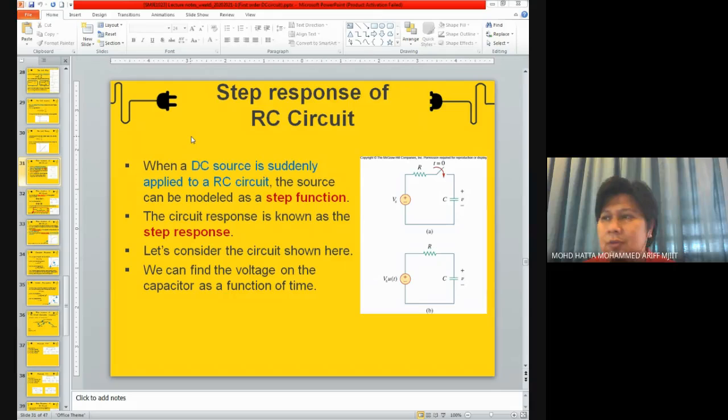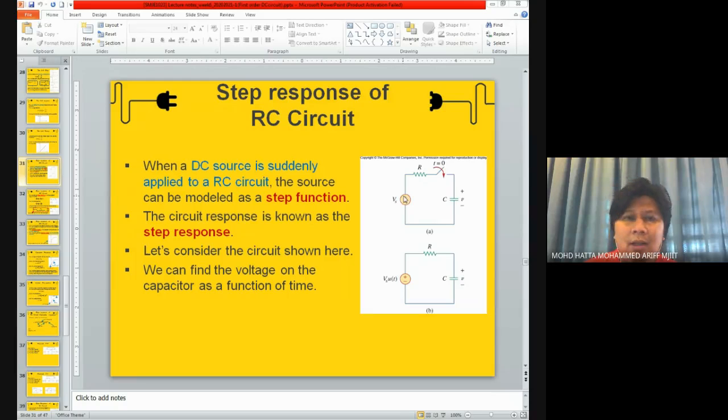Now, if you look at the circuit over here, at t equals 0 the switch will be closed, and the circuit consists of three elements: R, C, as well as our voltage source.